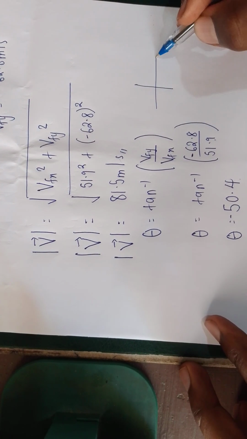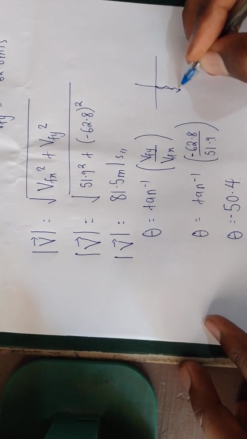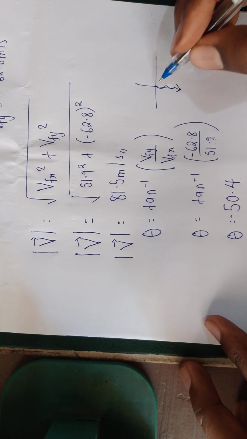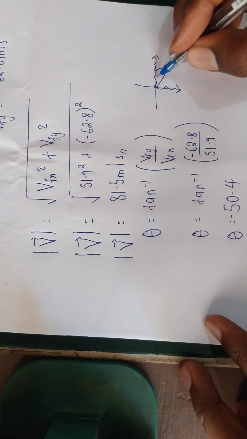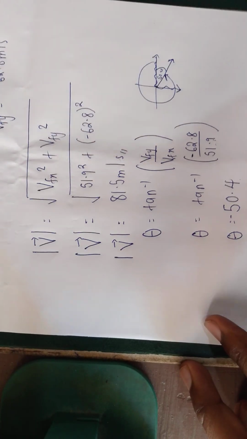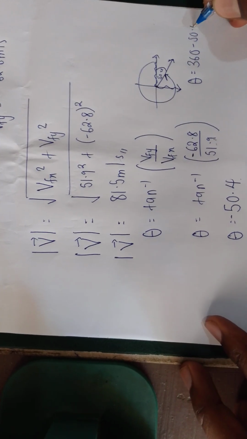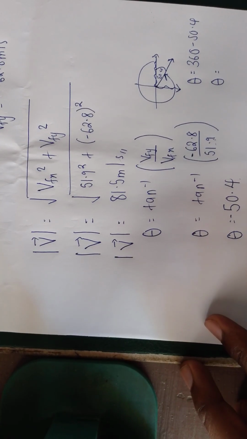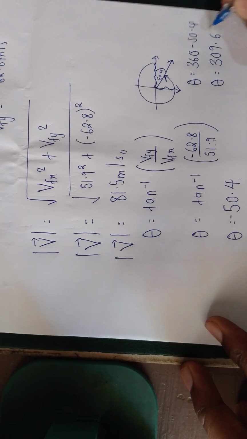Then you locate the quadrant. You say, well, the final velocity in the y is in the negative region, so you plot the negative. Then the one for the velocity in the x is in the positive, so you plot the positive, in between the two quadrants. So this will be your 50.4. Then you read it with respect to the positive x-axis, where now you will say theta is going to be 360 minus 50.4, so theta is equal to 309.6 degrees.